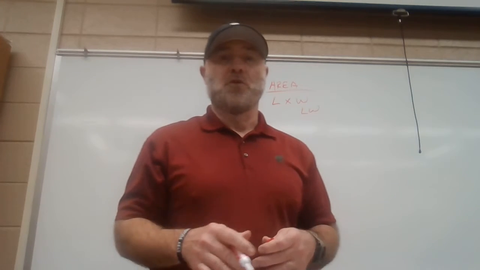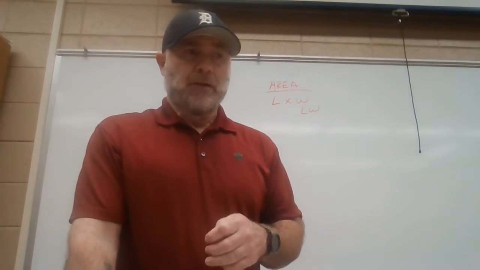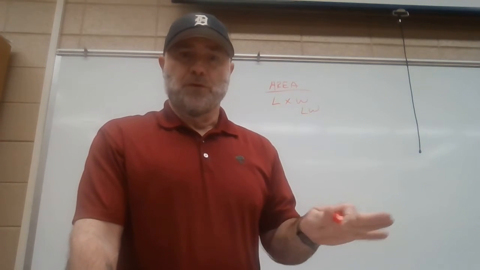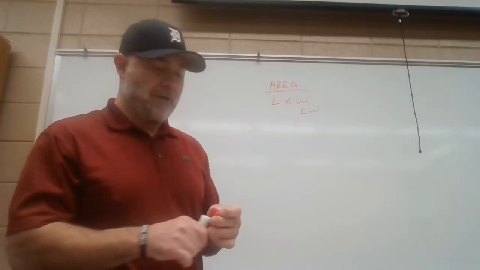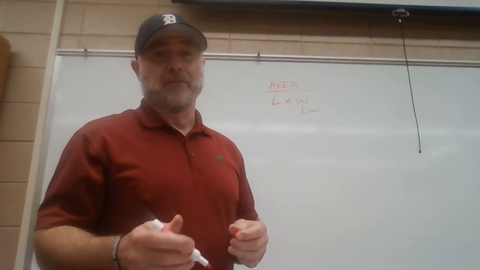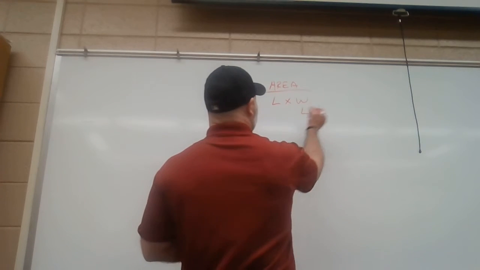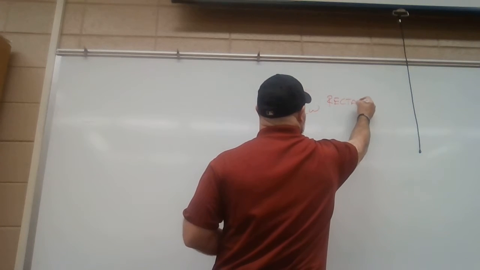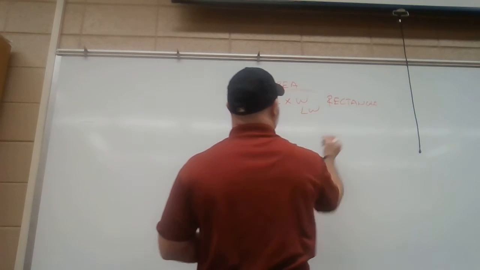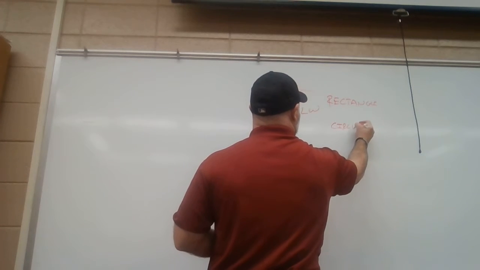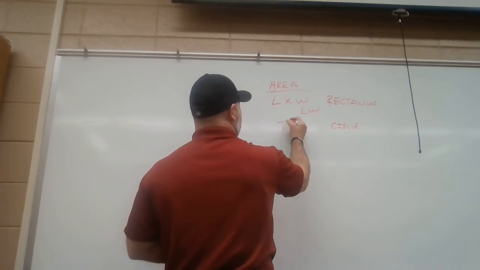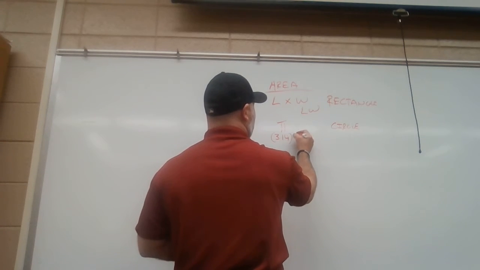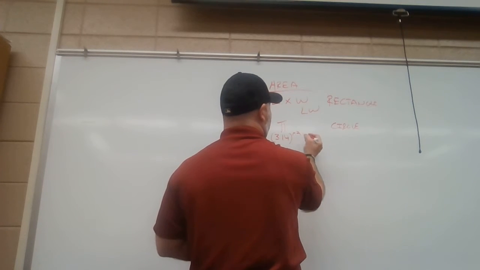I know some of the scientific calculators have the pi symbol, but for this class we're going to put in 3.14, and that's what we'll use for our number. So pi r squared. R is the radius of the circle, squared. The circle is pi, or for our purposes, 3.14, radius squared.